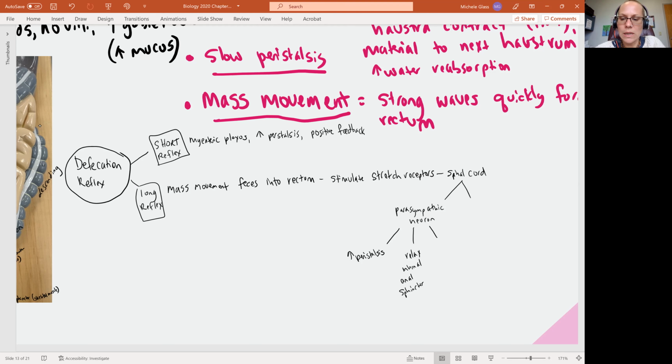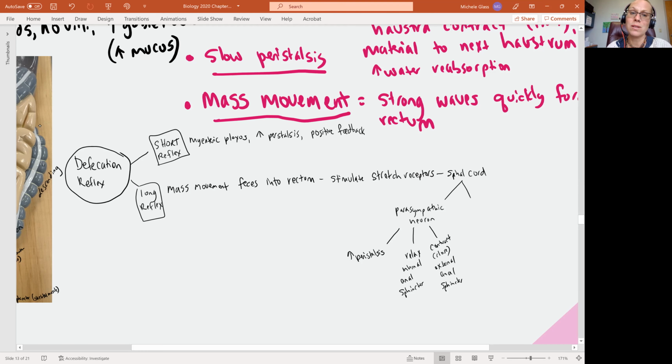And so what we're going to see is that as part of this response, we're going to contract or close the external anal sphincter. So it's like there's two doors. There's the internal door and the external door. The internal door is always closed until this response opens it. And because it's open and the feces can leave, then we need to shut that outer door. So we shut that outer door.